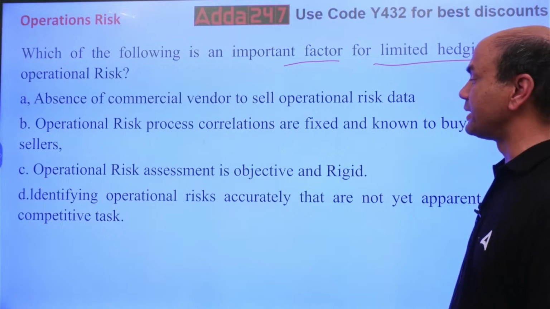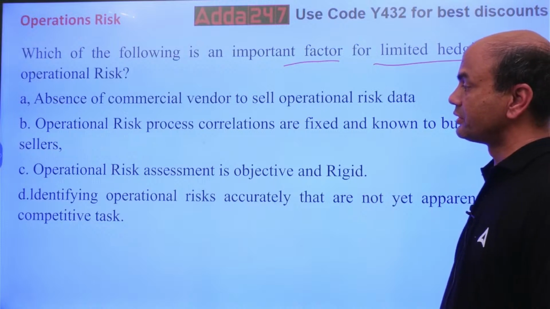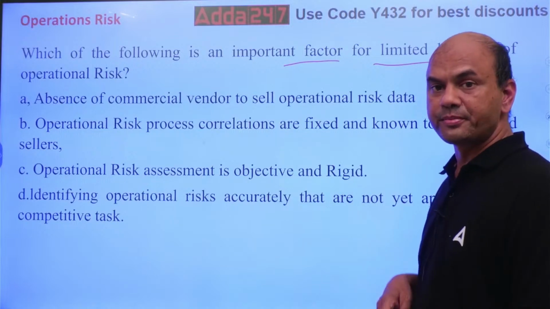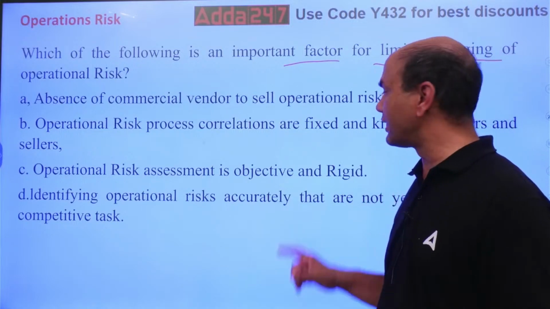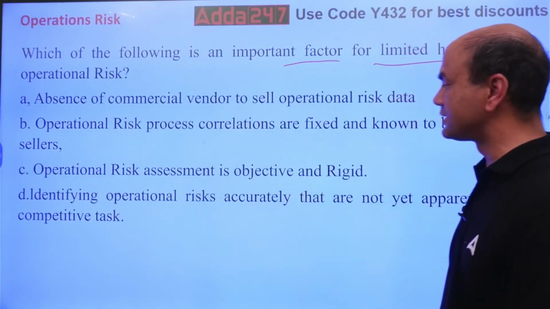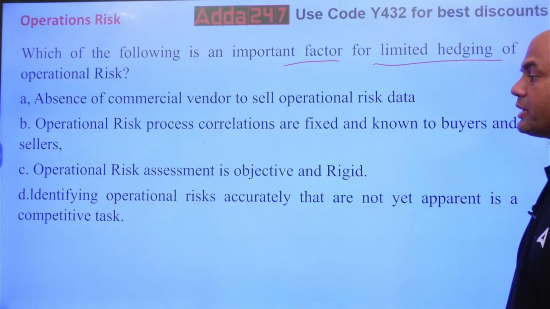Operational risk assessment is objective and rigid. Objective means to the point, very clear, crystal clear. And rigid, very firm, strong. Identifying operational risk accurately that are not yet apparent is a competitive task.